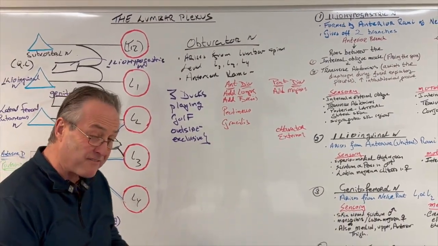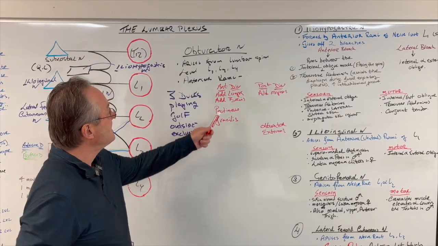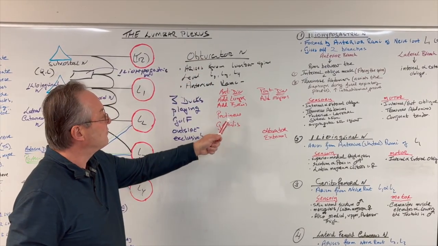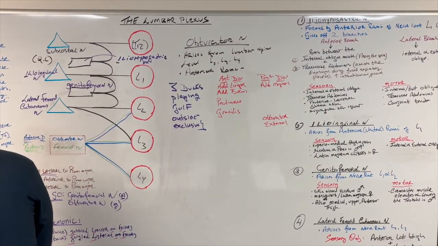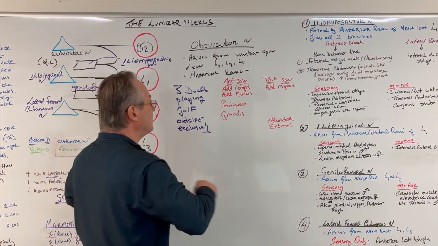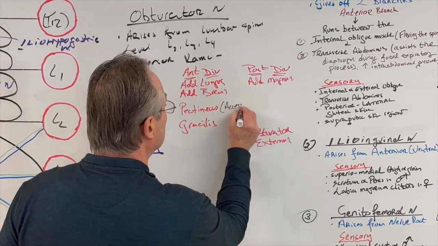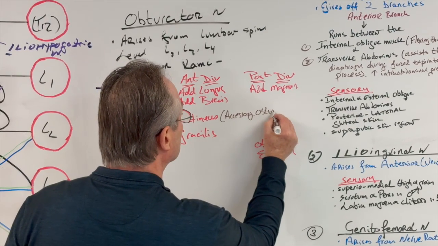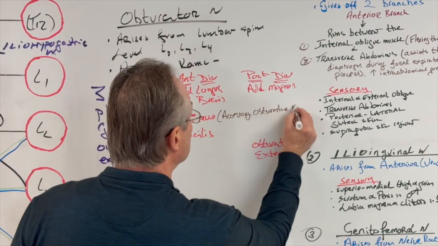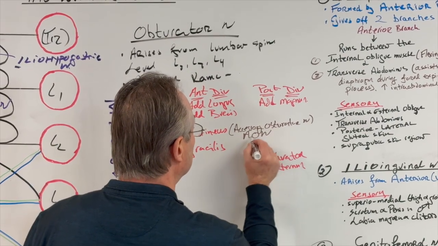However, we have a little caveat, because not all anatomy books will agree that the obturator nerve innervates the pectineus. So we have something else that's called the accessory obturator nerve, or AON.